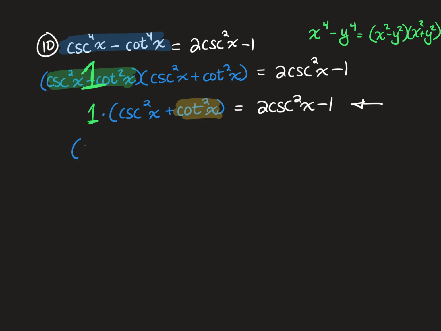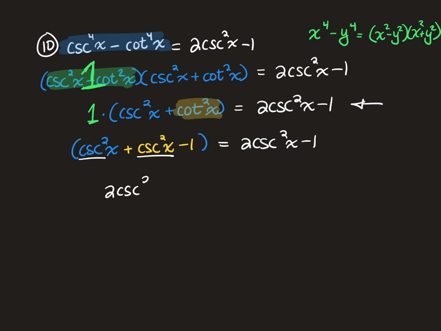So when I look at my Pythagorean identities, I recognize that cotangent squared can be rewritten as just cosecant squared minus 1. Okay, so let's do that. Let's rewrite that cotangent squared as cosecant squared minus 1. Well, now, add like terms, you've got 2 cosecant squared minus 1, and that's exactly what we wanted.